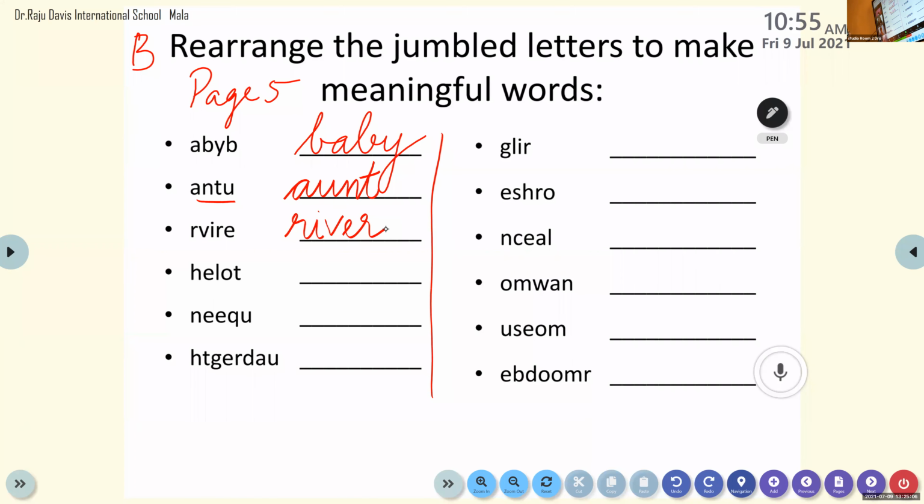Let's move on to Anmia. Anmia, are you there? Unmuted. Anmia, come on, do this word. H-E-L-O-T. It's not audible, my dear. Louder, please.